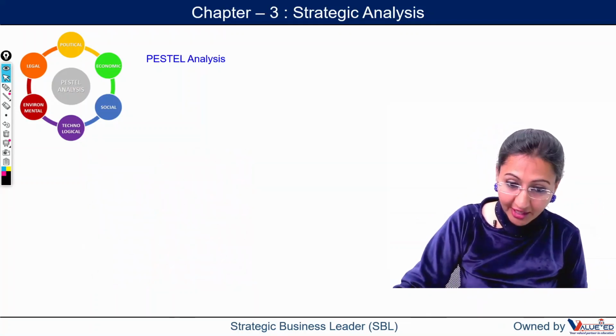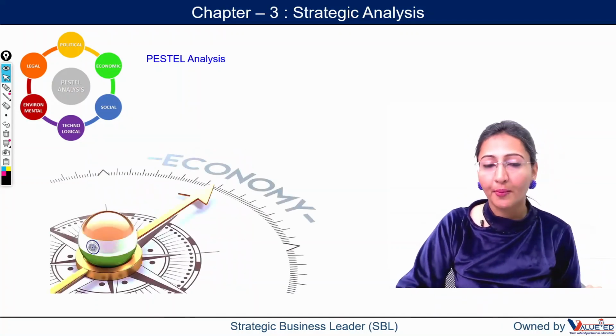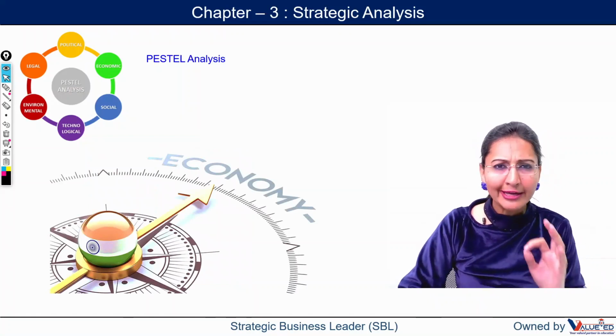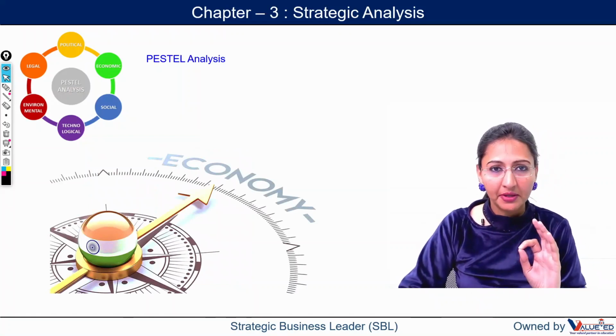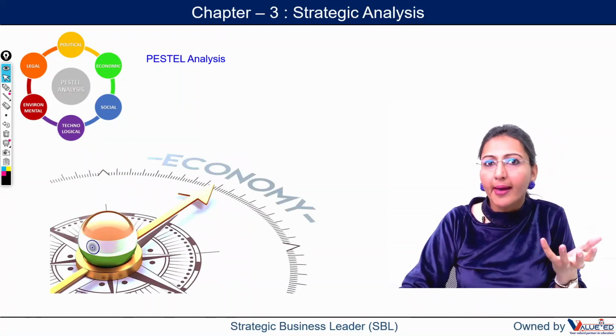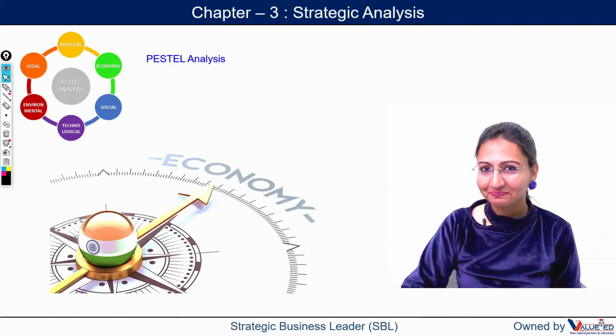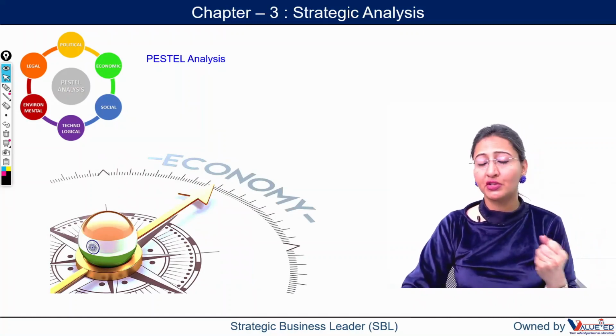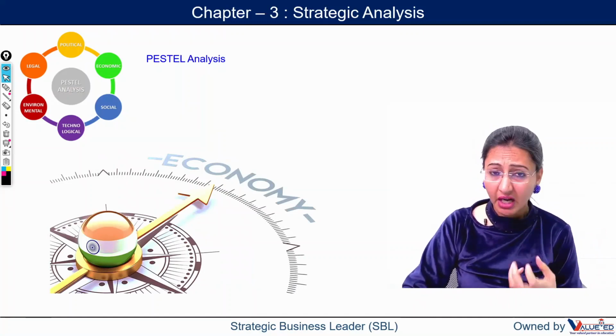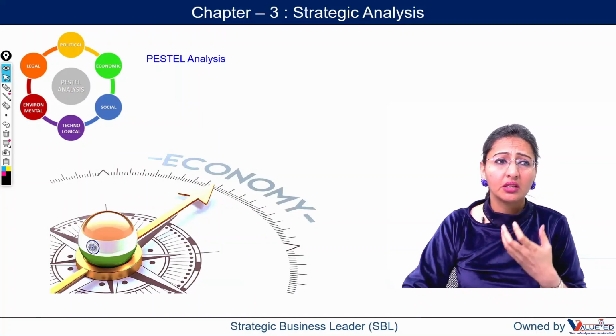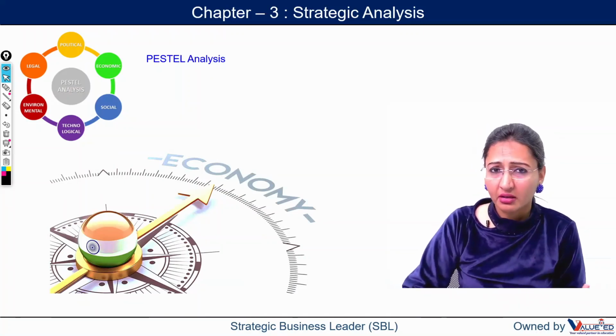Now coming to the next part for Kisan, economic. Is the economy in such a phase that people actually want to eat jam? They want to have sauce on their plates? Or is the situation very bad, that people are hardly getting even two meals in a day?